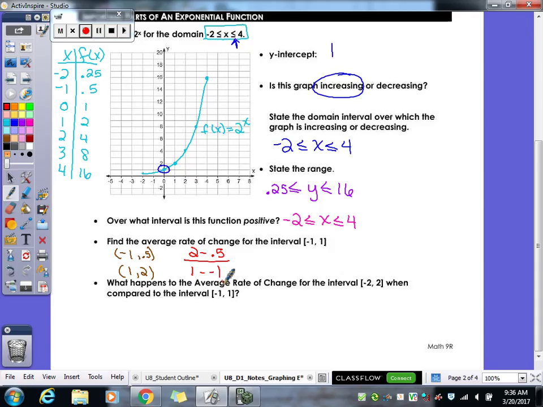So what is 2 minus 0.5? 1.5. And then what happens in our bottom when we have that minus a minus? Turns it to adding. So we get 1.5 over 2, which let's divide that out because we can't have a decimal in our numerator. 1.5 divided by 2 is 0.75.